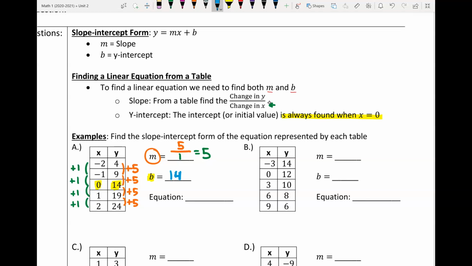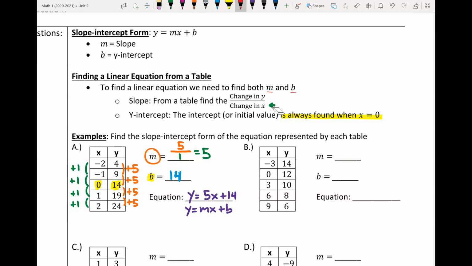Once I have identified those two things, I can write my equation. Remember, the equation is y equals mx plus b. So we have y equals 5x plus 14. And there we are. We have found the equation of the line from that table.